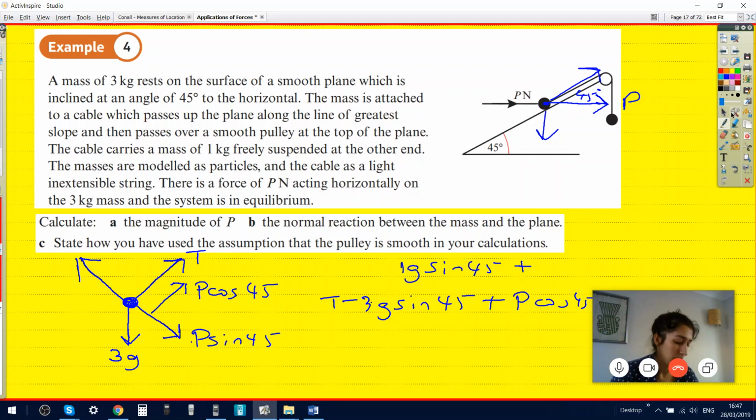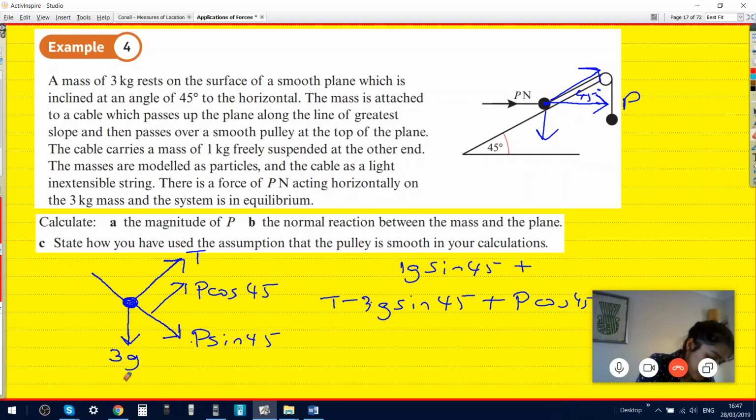Actually, it'd be quicker to do the 1 kg one first. Right, 1 kg, resolving down as positive. So 1g minus T equals 0, T equals 1g, T equals 9.8.